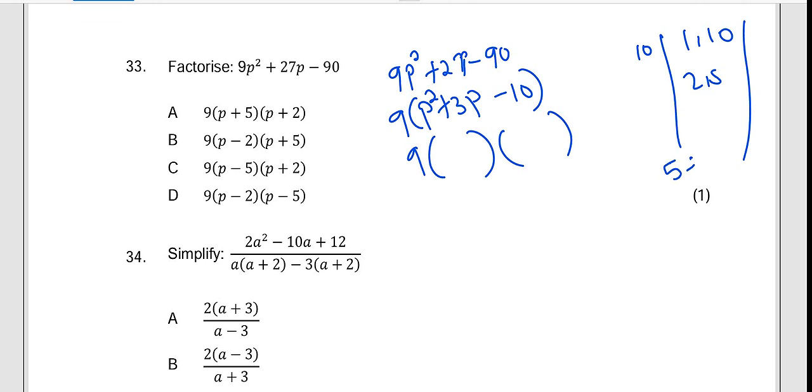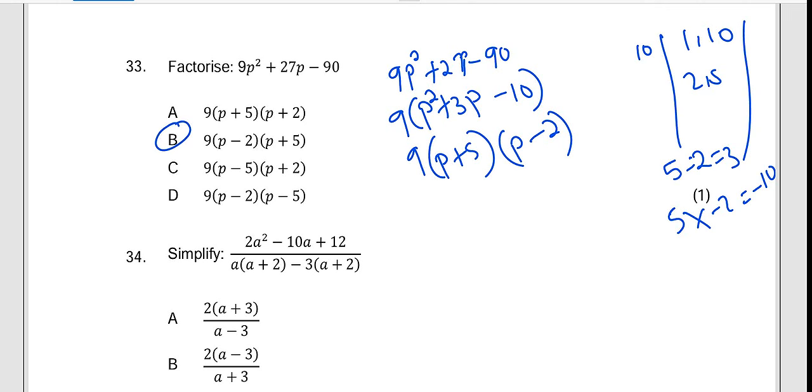It's going to be 5 minus 2, which gives me 3, and 5 times -2 gives me -10. P here, P here, I'll have plus 5 minus 2. So what's the correct answer? The correct answer is B.